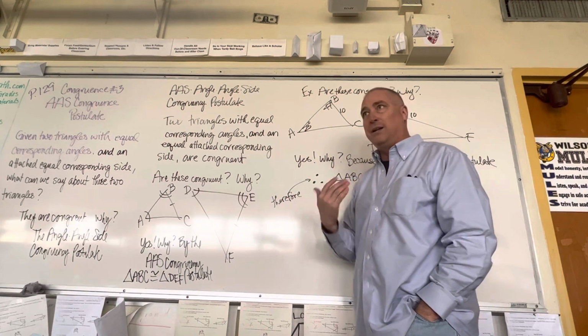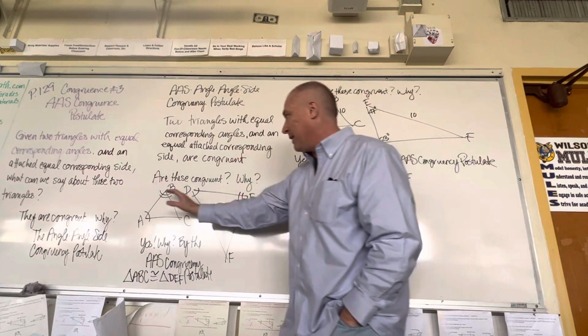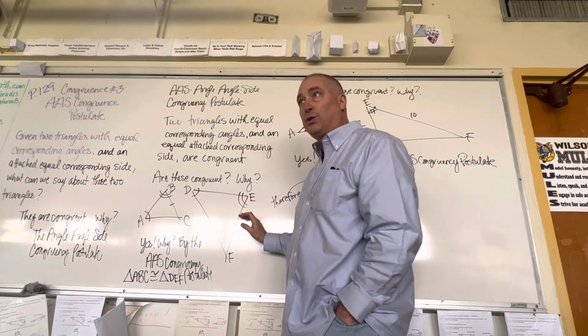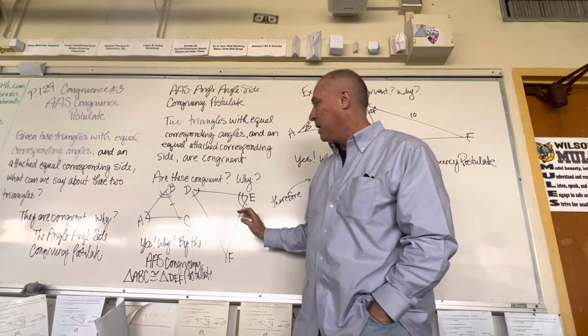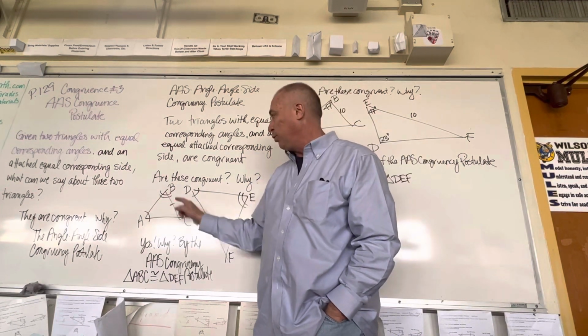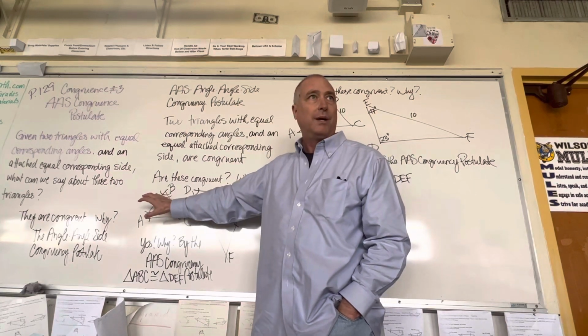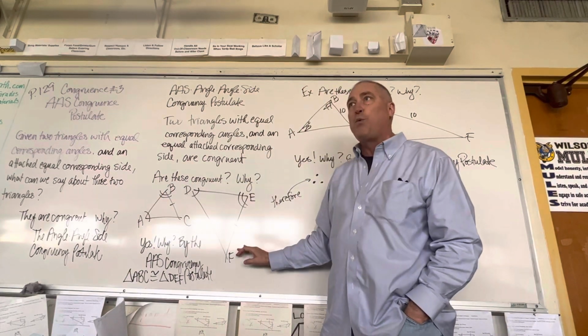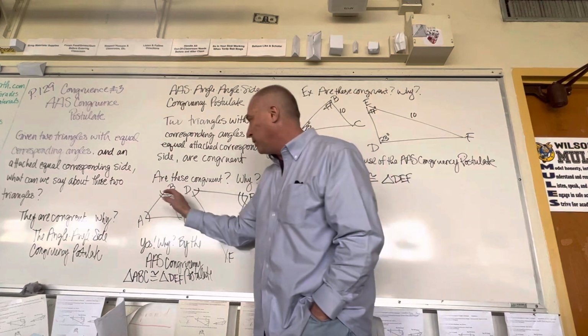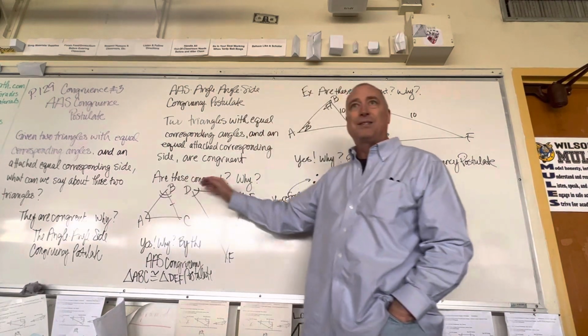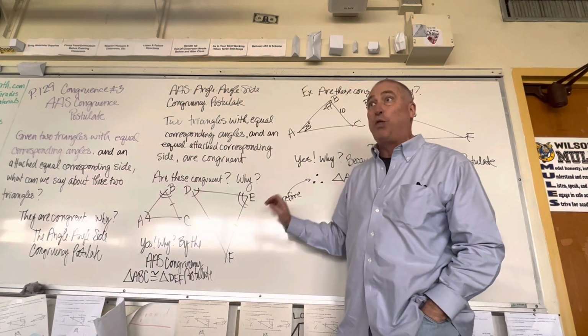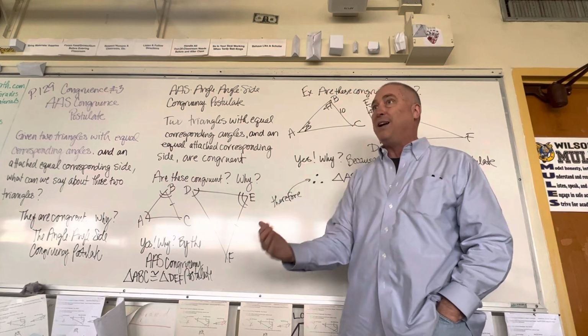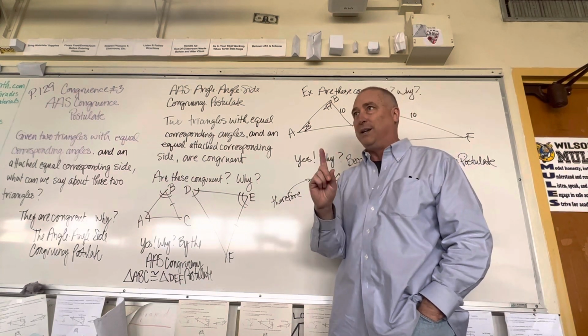If you're asking whether these two triangles are congruent, or exactly the same, you're looking at 1, 2, 3 angles on this one and seeing if they match up with 3 angles on this one, and 1, 2, 3 sides on this one and seeing if they match up exactly with 3 sides on this one. It's not just one aspect of equality, right?